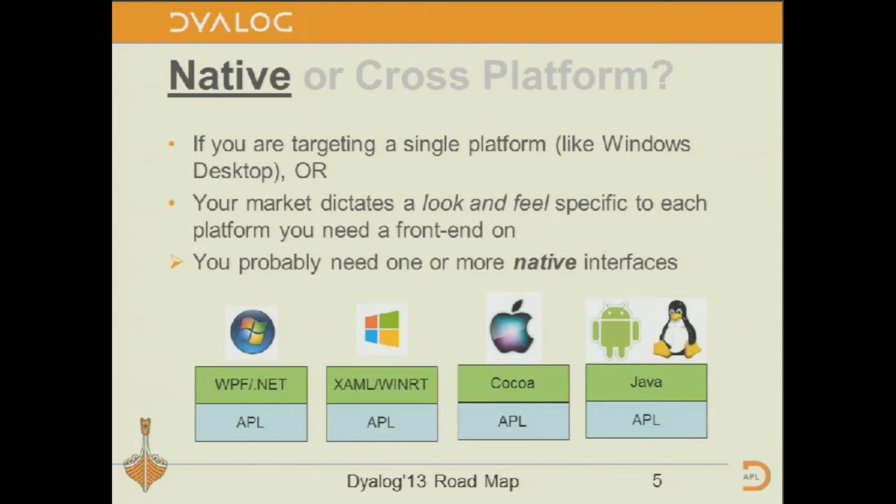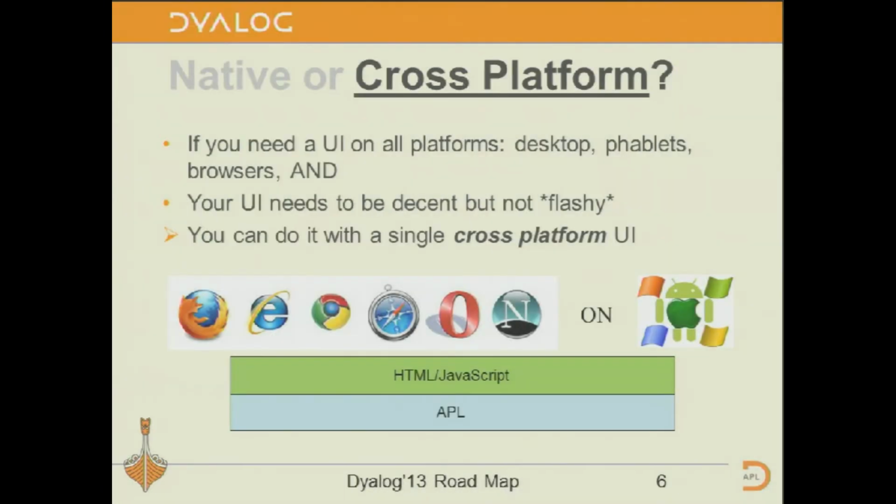If you want to use a Macintosh, you're going to have to learn how to do Cocoa. And finally, if you want to go on Android or Linux and develop flashy user interfaces there, you're probably into some kind of Java. So if you have to do native, you have all these platforms that you need to address.